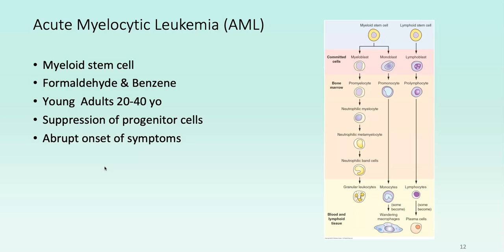An increased risk has been seen in patients who have been exposed to formaldehyde and benzene, and these are common substances found in cigarettes and gasoline. The most common population affected by this group of leukemias are young adults, those who are 20 to 40 years old.